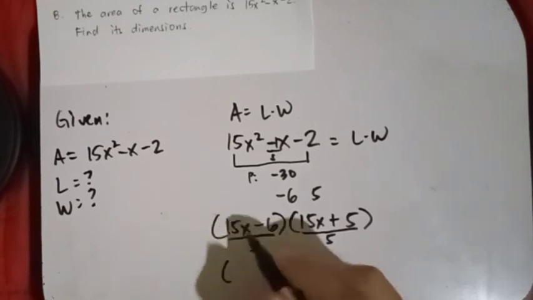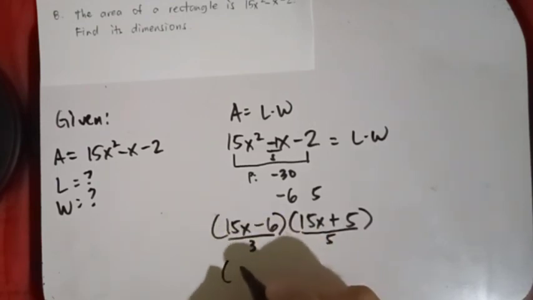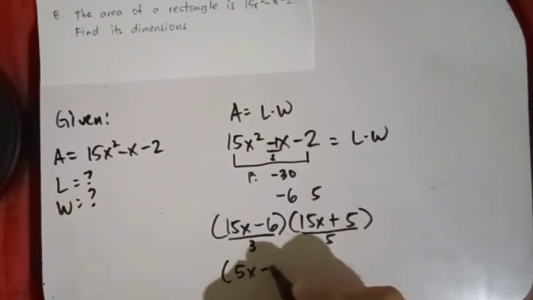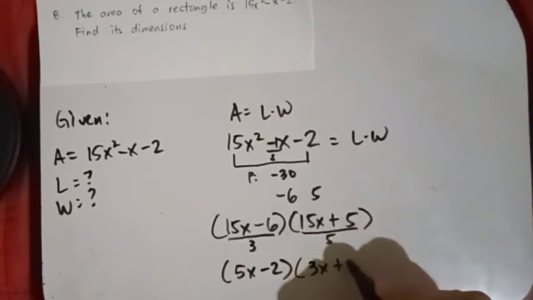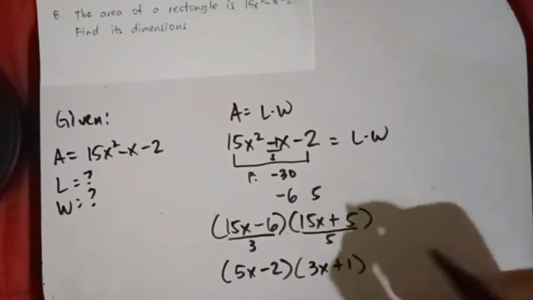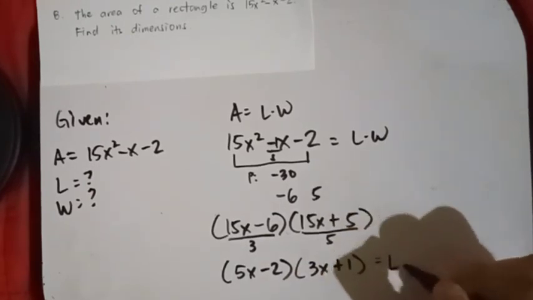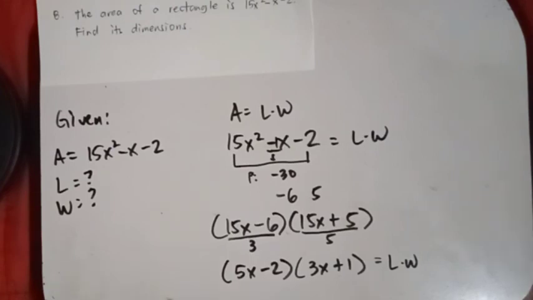And we have 15x minus 6 divided by 3, magiging 5x minus 2. Tapos dito naman, 3x plus 1. Yan yung quotient nila. Equals length times width. And there you go. Ito na yung dimensions ng rectangle. We have 5x minus 2 and 3x plus 1.